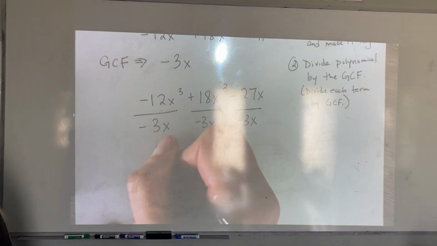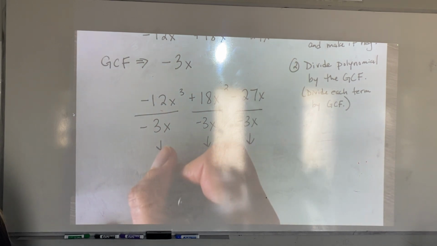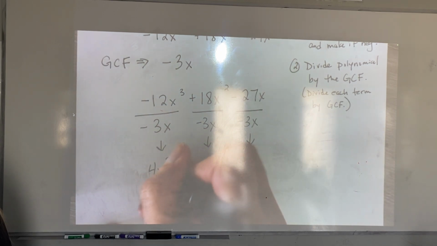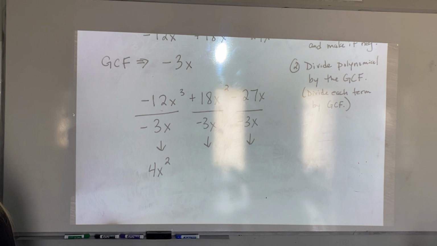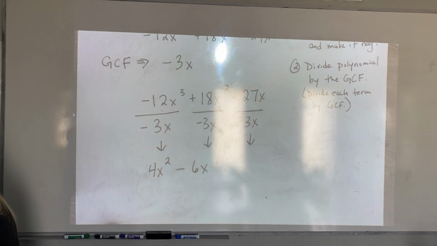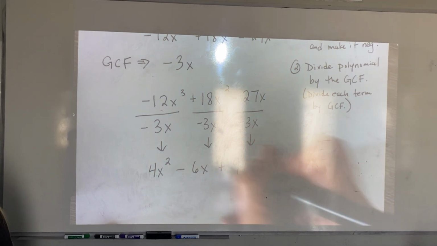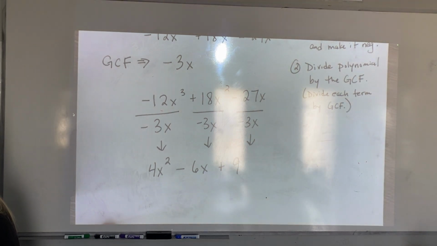What do we get? Good. 4x squared. Negative 6x, good. Plus 9, and then x over x cancels out.